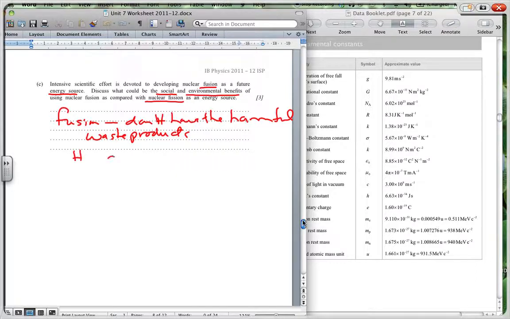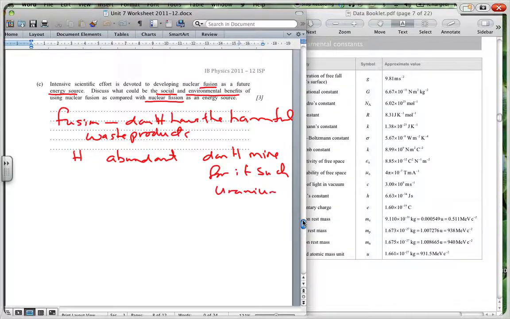Hydrogen is abundant, so you've got lots of it available. You don't have to mine for it, such as with uranium.